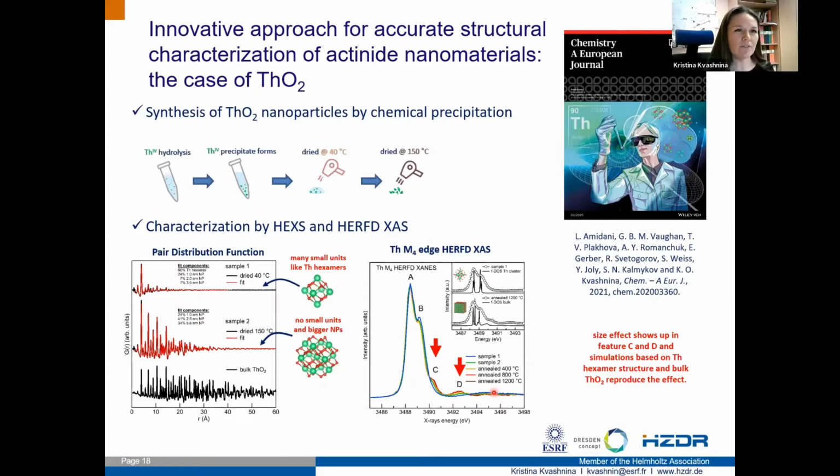Only after she succeeded in fitting the structure of those nanoparticles did she use it for electronic structure calculations, and then she was able to reproduce the experimental differences which we observe in the data.